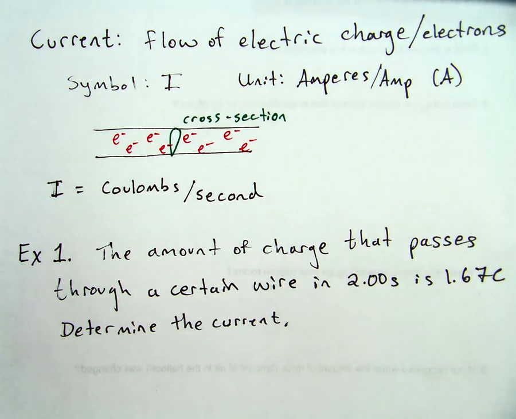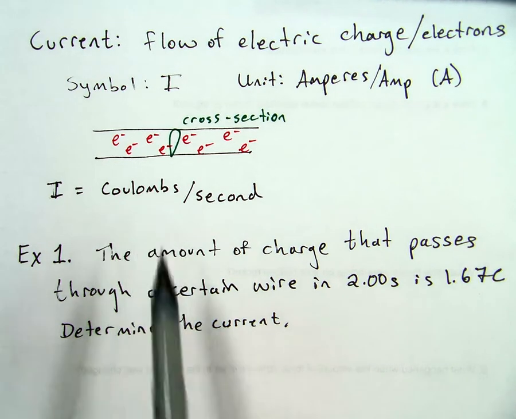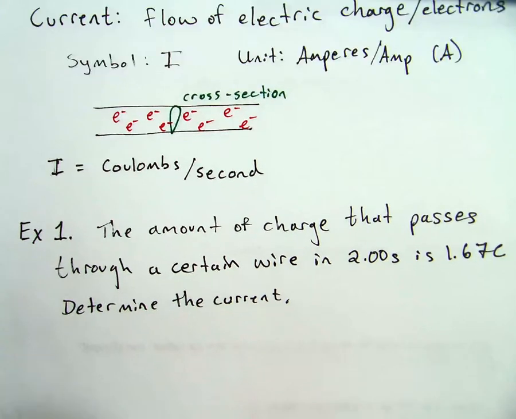The amount of charge that passes through a certain wire in 2 seconds is 1.67 coulombs. Determine the current. So we said up here that current is just coulombs per second. They gave us everything we needed.